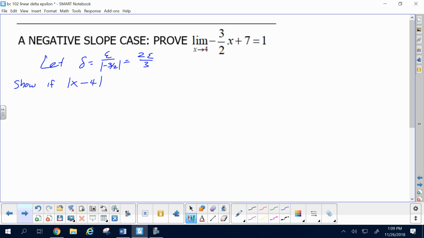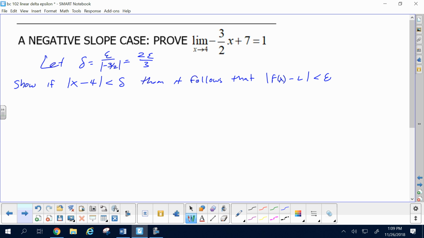So if x, the difference between x and 4 is within this little gap delta, then it must follow that y, or the function, the difference between y and the limit will be less than that arbitrary gap you demand, epsilon, all right?